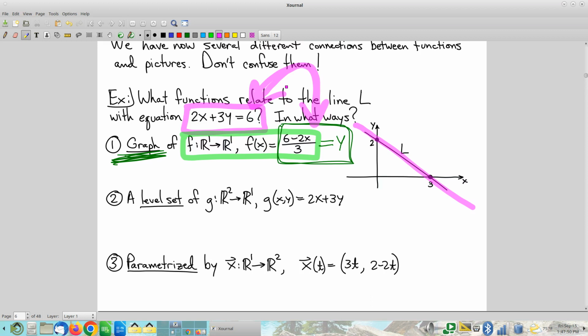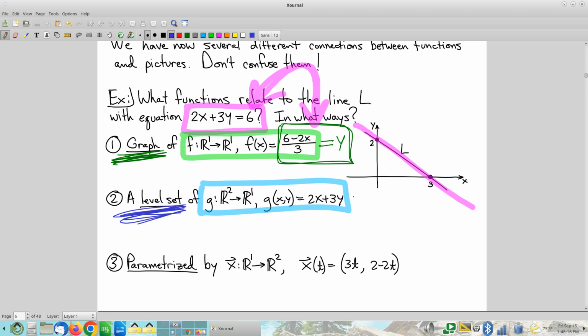Now, how would I identify what function has this line as a level set? So forget about graphs. Now let's think in terms of level sets. I claim that this function right here does it. Again, I can demonstrate why, because I can just write down a level set of this g function.